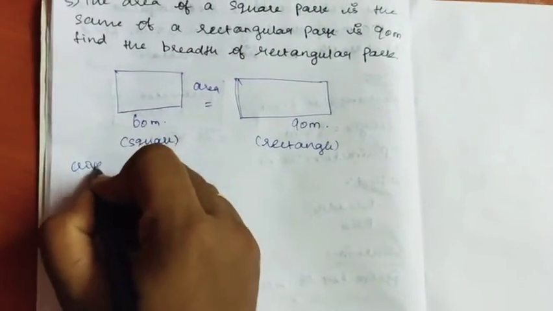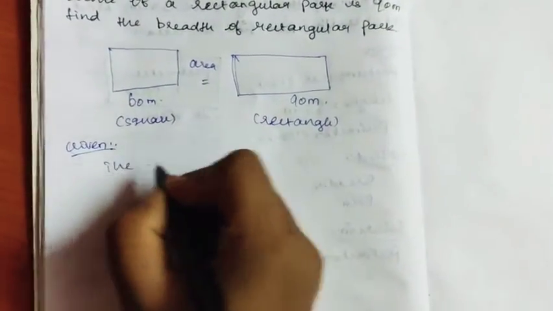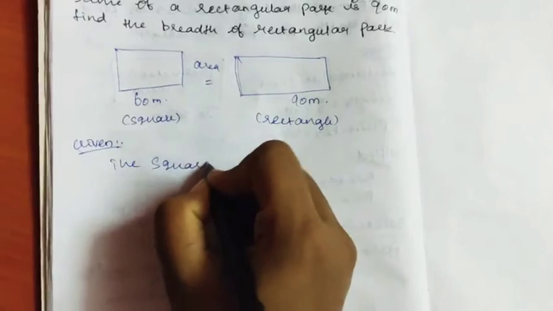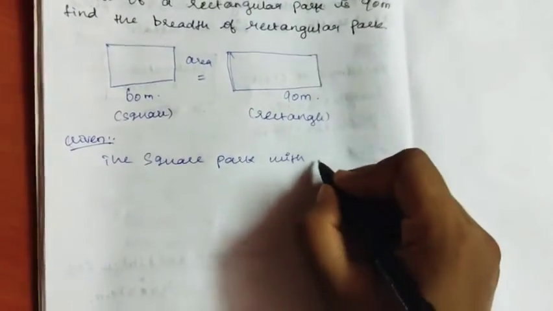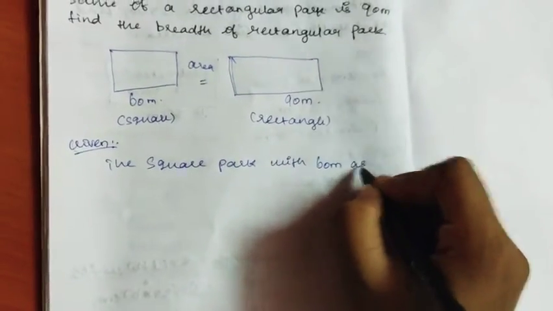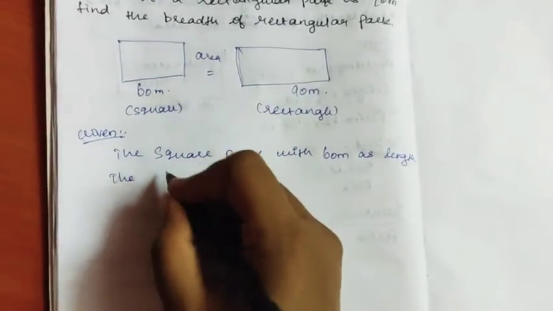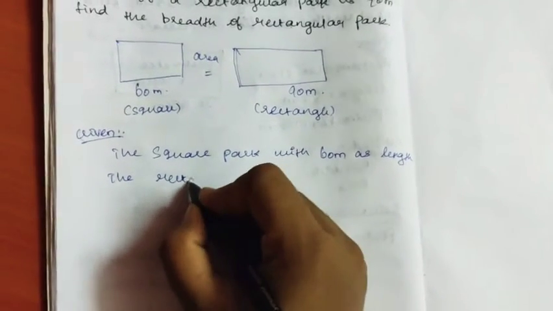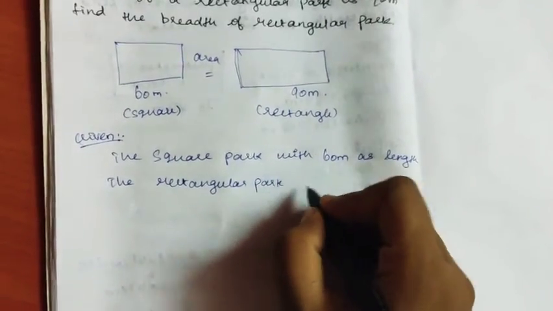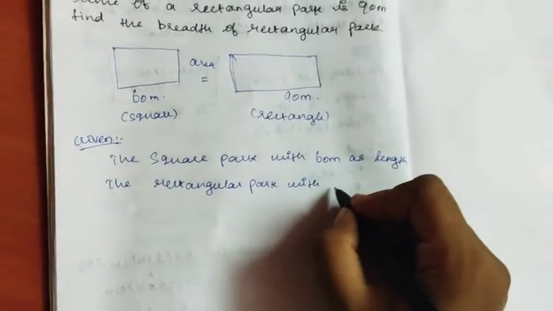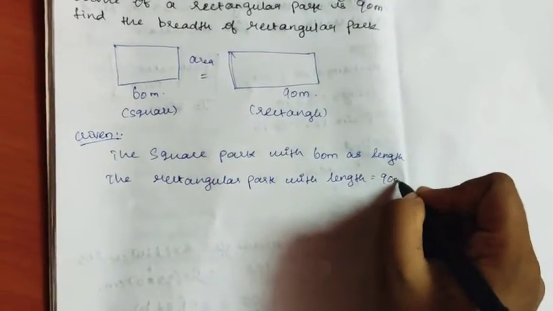What they have given means the square park with 60 meter as length and the rectangular park with length as 90 meter.